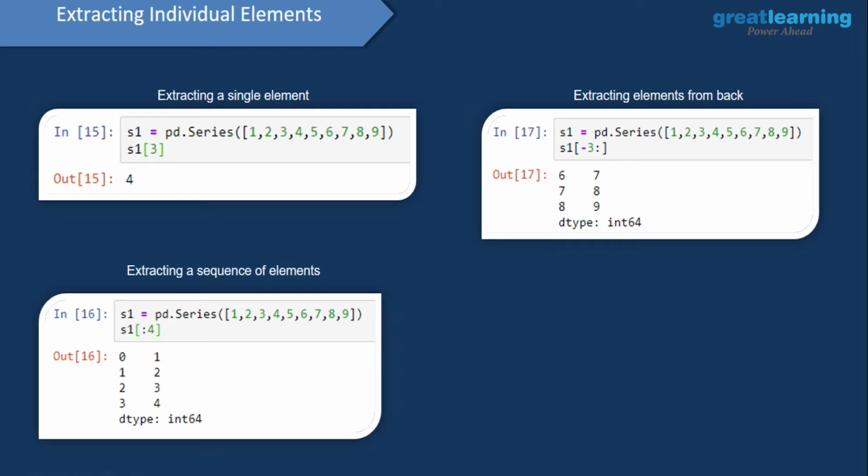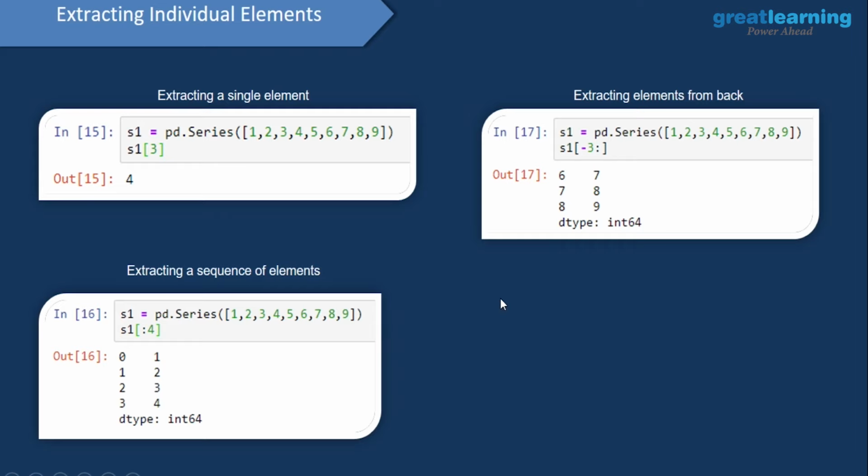And if I want to extract a sequence of elements, so if I want the first 4 elements, then I'll have S1 colon 4. This would mean that I am extracting all of the elements starting from index number 0 going on till index number 4. And since 4 is exclusive, we will only have till index number 3.